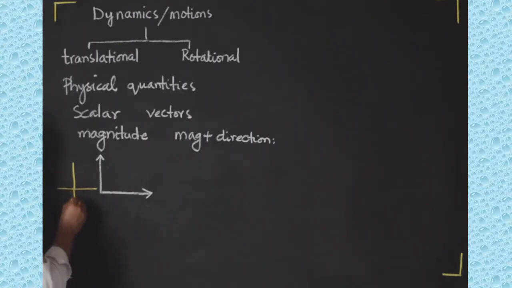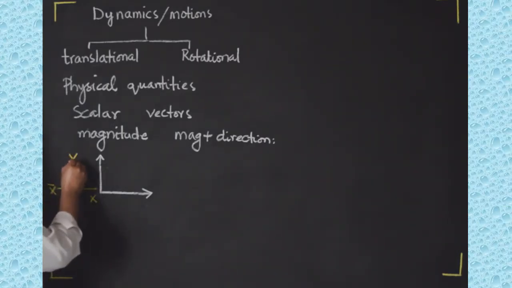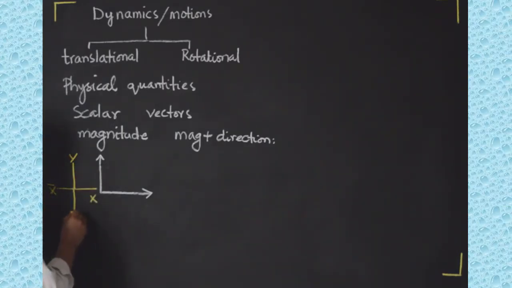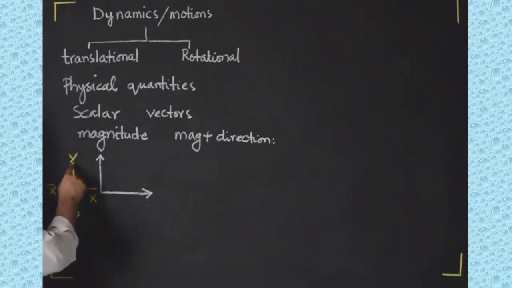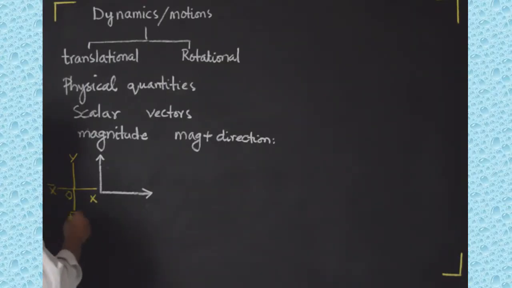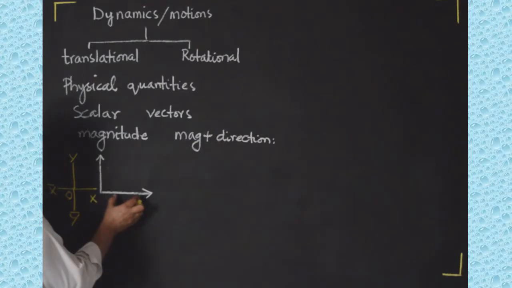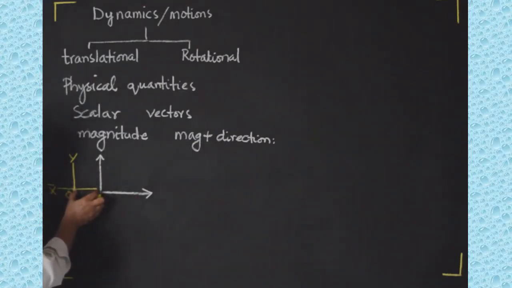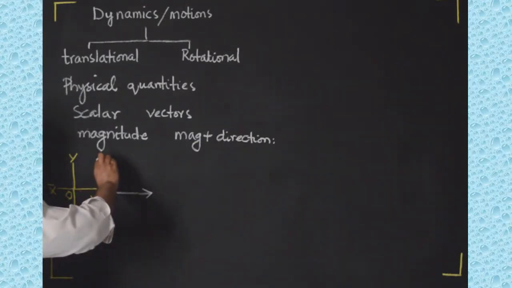We have this x-axis, this is the negative x, this is a two-dimensional coordinate system, and this is the origin, and this is the positive x-axis, and this is the positive y-axis, similarly the negative on the other side. Now according to this one, this vector is horizontal and this one is vertical.